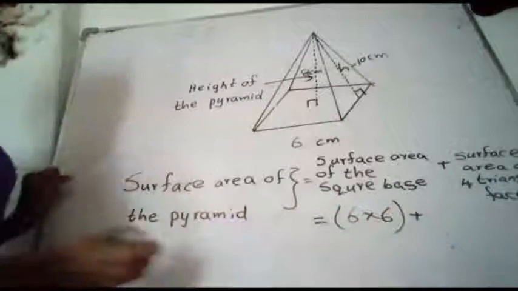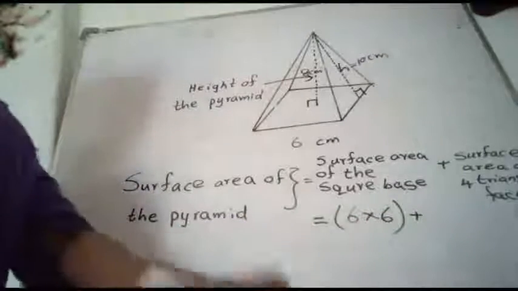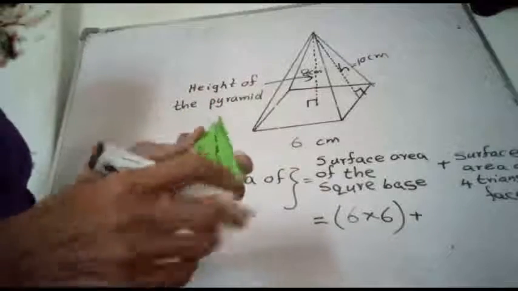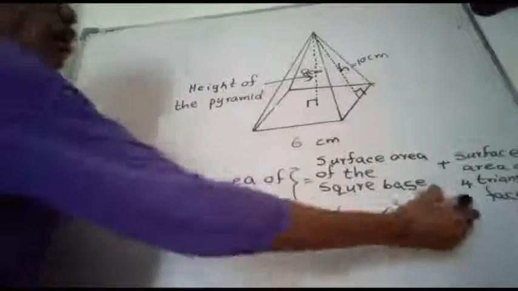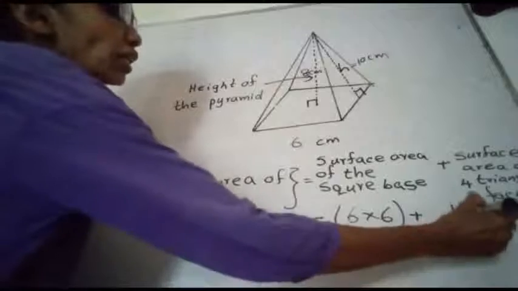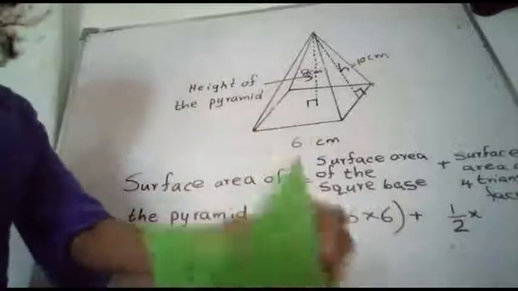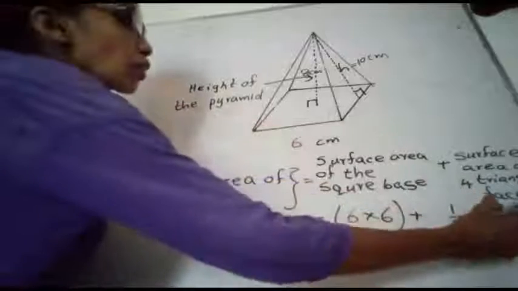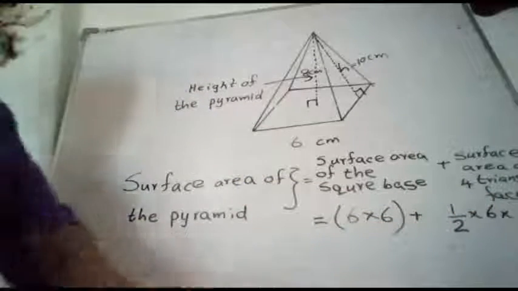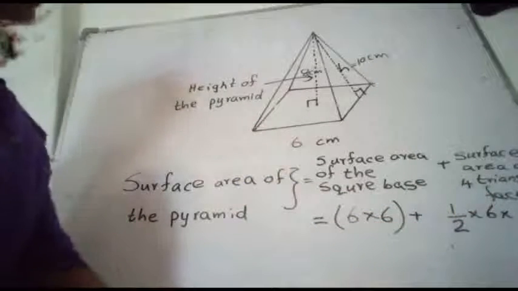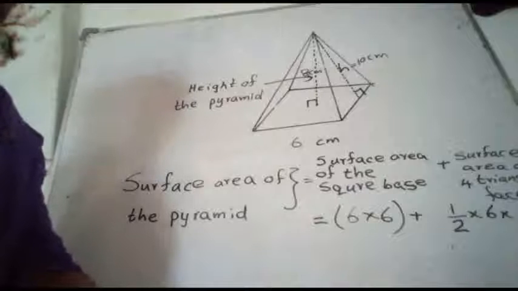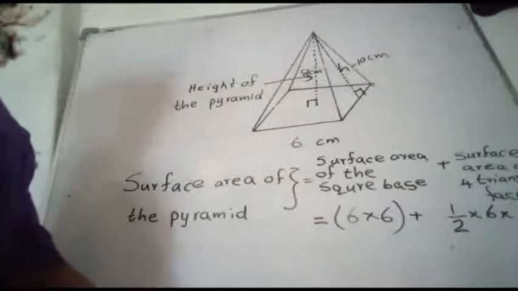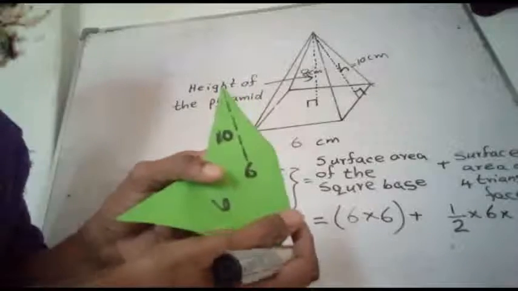plus area of the triangle is equal to half into base into height. Half multiplied by the length of the base, which is 6 centimeters, multiplied by height of the triangular face, which is 10 centimeters.